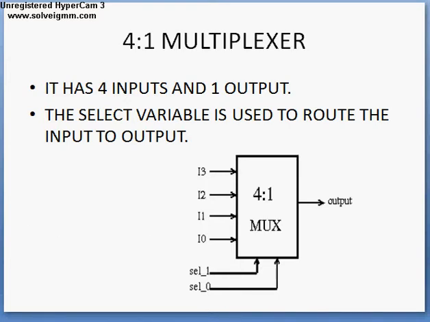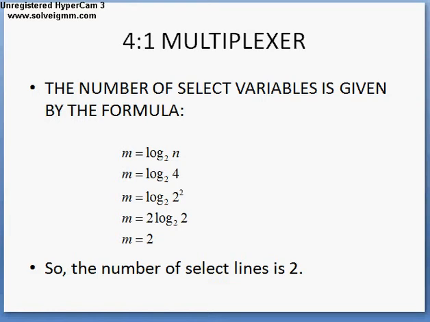For a 4:1 mux, you can calculate the number of select variables by using the formula m is equal to log n to the base 2, as you calculated in 2:1 mux, or 8:1, or 16:1, or 32:1 mux. Here m is the number of select variables and n is the number of inputs. As the number of inputs in the 4:1 mux is 4, simply put 4 in place of n.